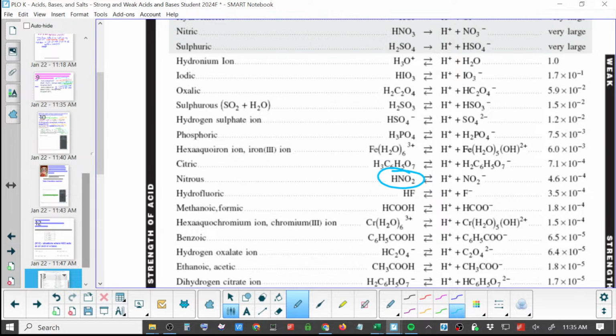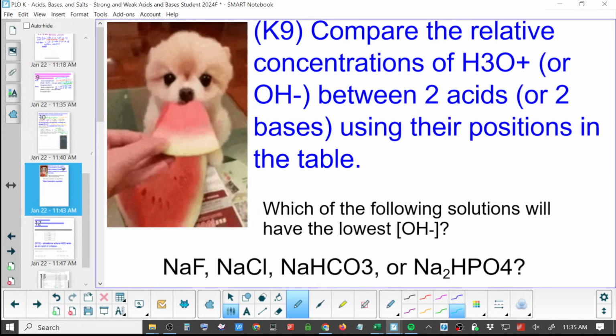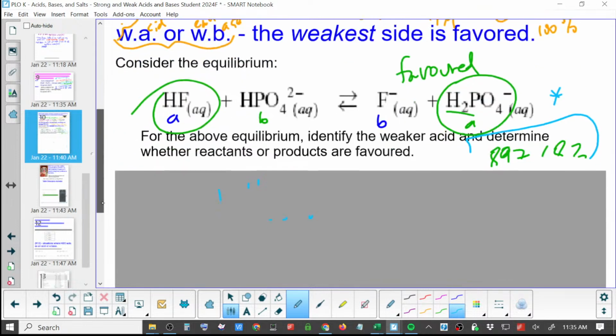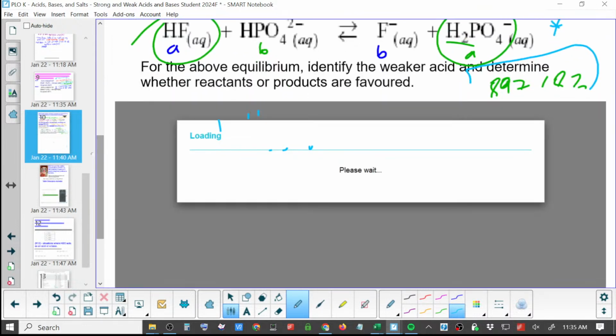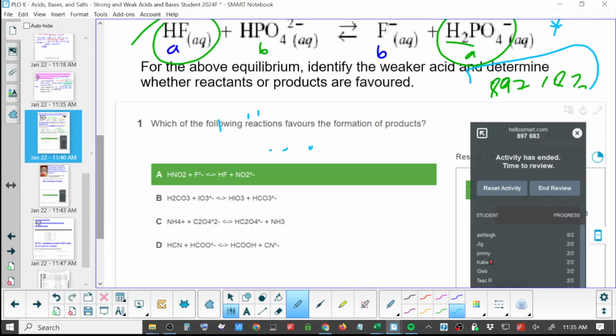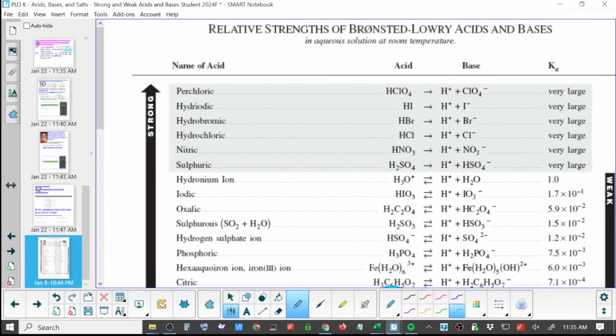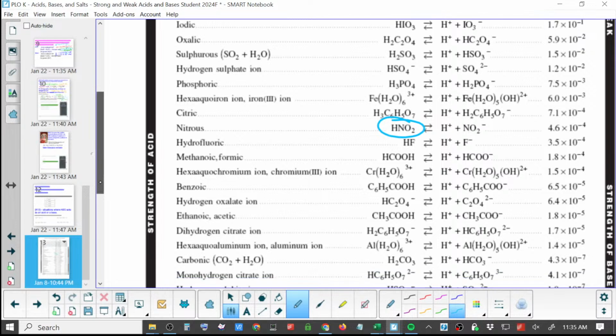HNO2 and F and HF, so it looks like A is right. HF is on the product side, and HNO2 is on the reactant side. That one is stronger, so the products will be favored.